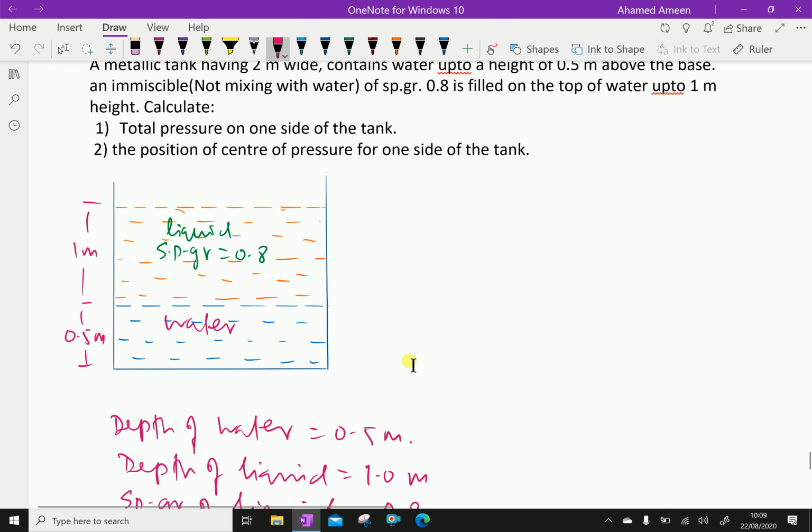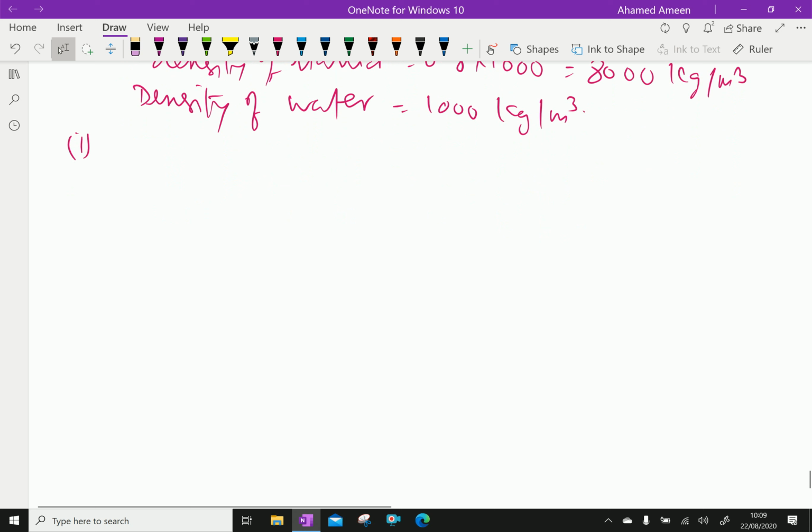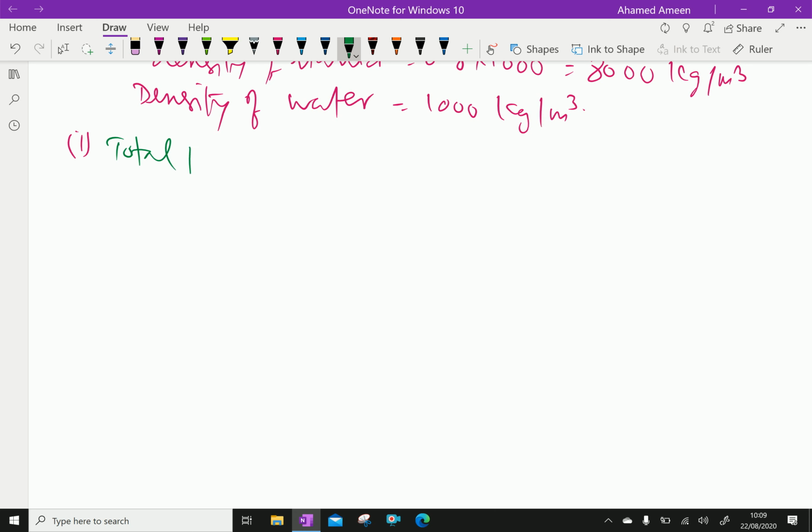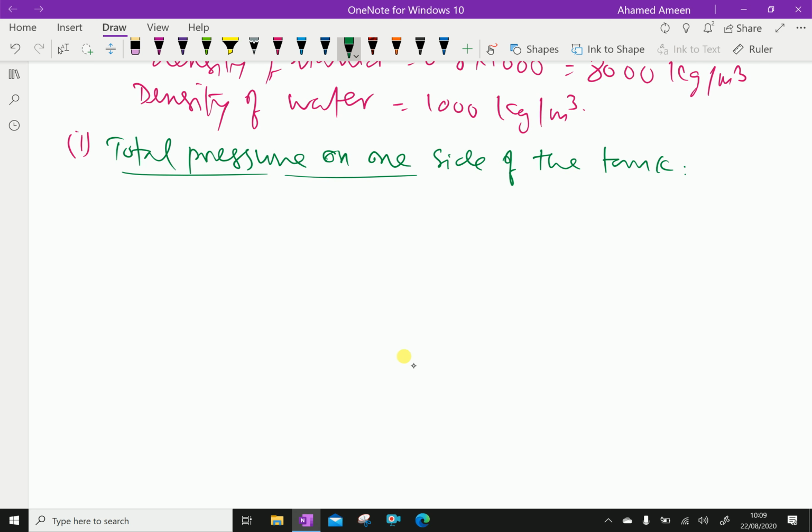Now, first, the total pressure on one side of the tank we will calculate. For this we have to draw the pressure diagram as follows.